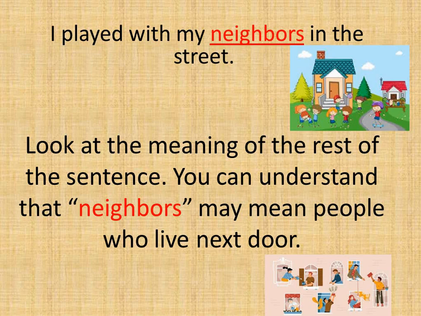So from the rest of the sentence and from my guess that this is a noun and it is plural, we can understand that neighbors may mean people who live next door or next home or in the same street. And this is the meaning. Neighbors are people who live next door or next home. Okay, let's go on.